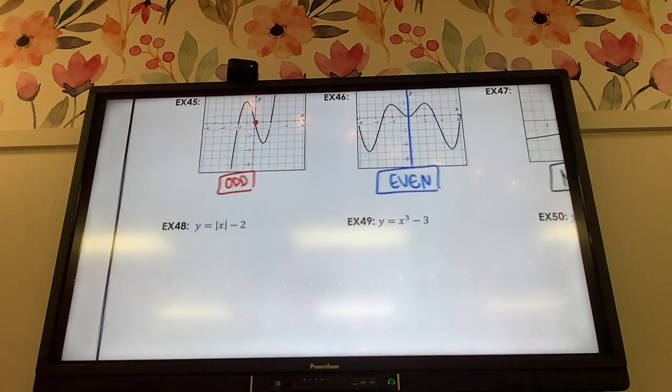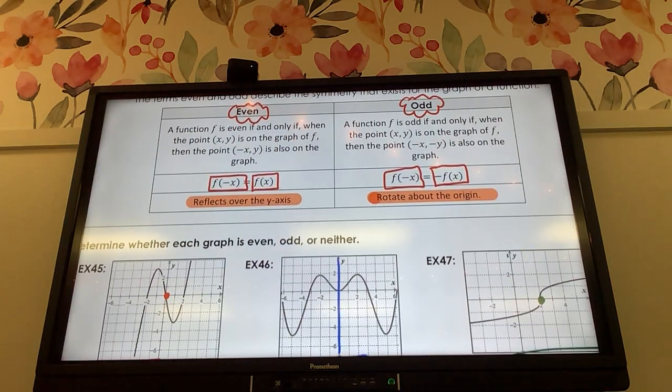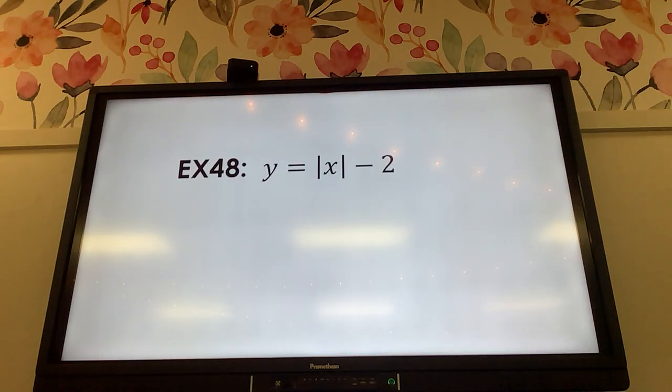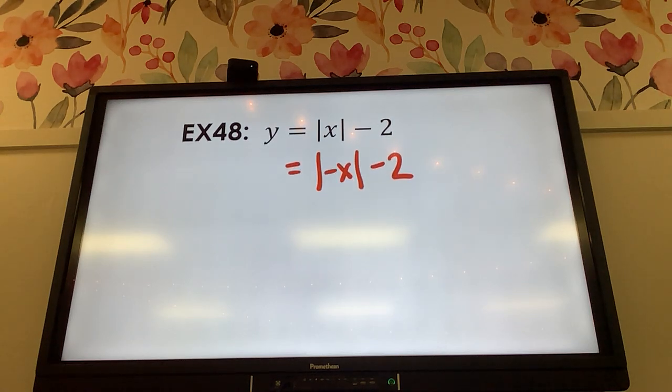Down here on 48, we are gonna plug in negative x into my function, and we're gonna simplify it. So what is the absolute value of negative x?